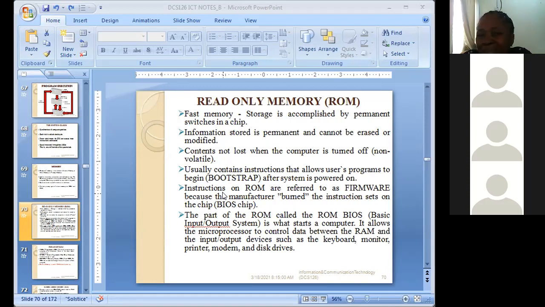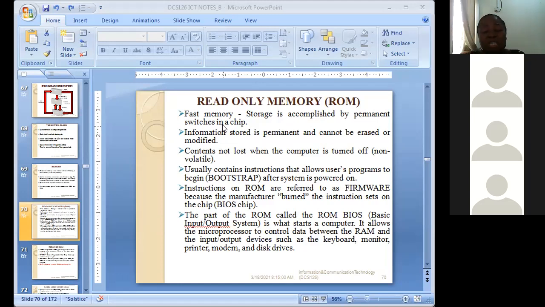You can't access it. That is why the first point says that storage is accomplished by permanent switches in a chip. At the point of manufacture, the manufacturers store the things that are to be in ROM by permanently switching them there on the chip.